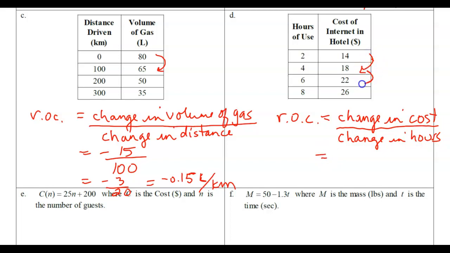It's linear, so we're going up by the same amount because the hours of use are going up by the same amount. And so that's 4 over 2. And so that reduces to 2, and that's going to be $2 per hour.